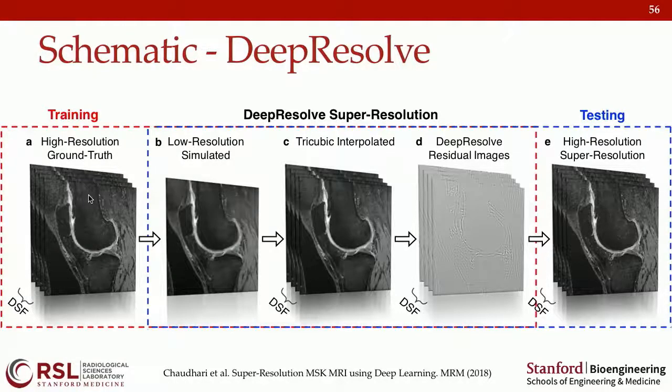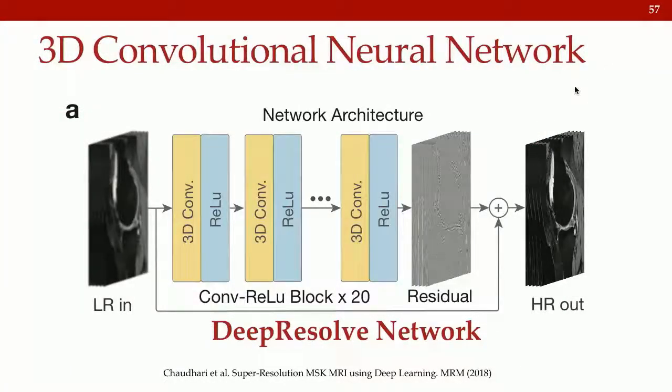So we have a high resolution ground truth training set. We use a convolutional neural network that Akshay calls DeepResolve, which takes the low resolution simulated images, interpolates them, compares them to the high resolution ground truth, and then reconstructs them at a higher resolution, so-called super resolution.